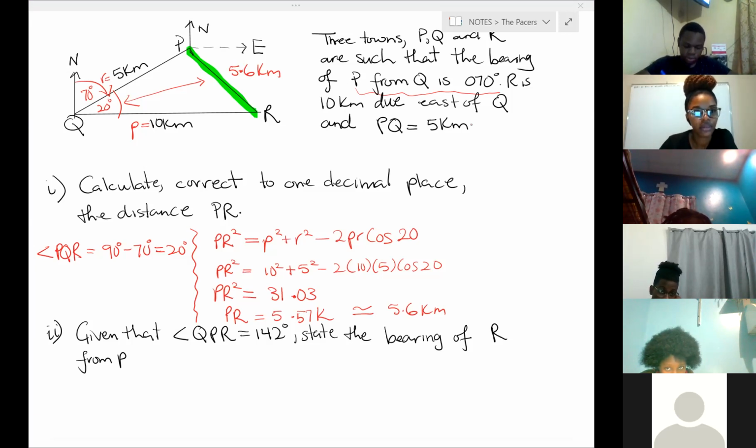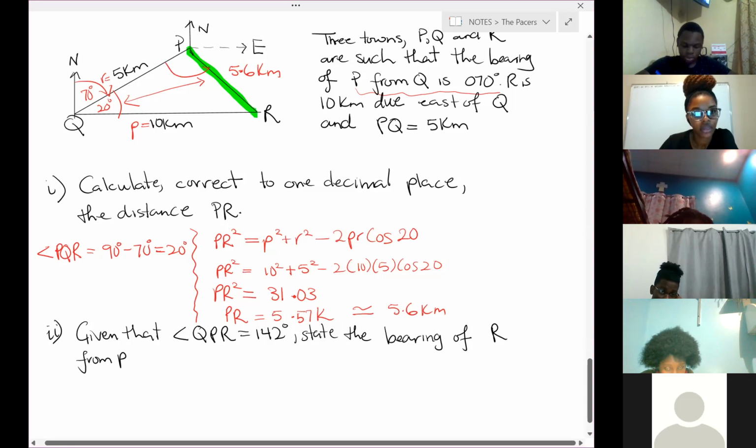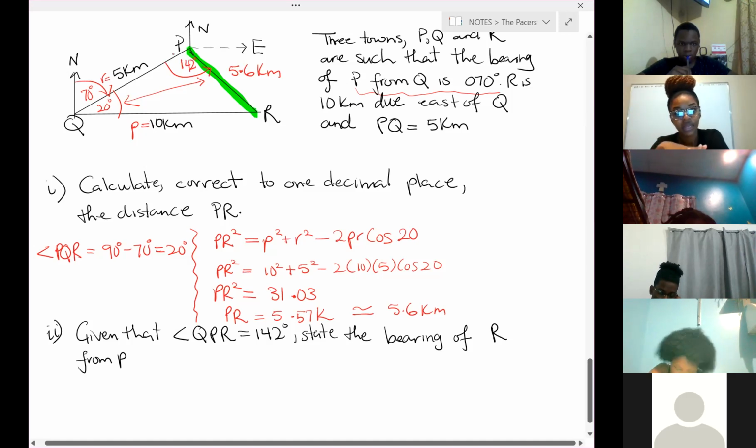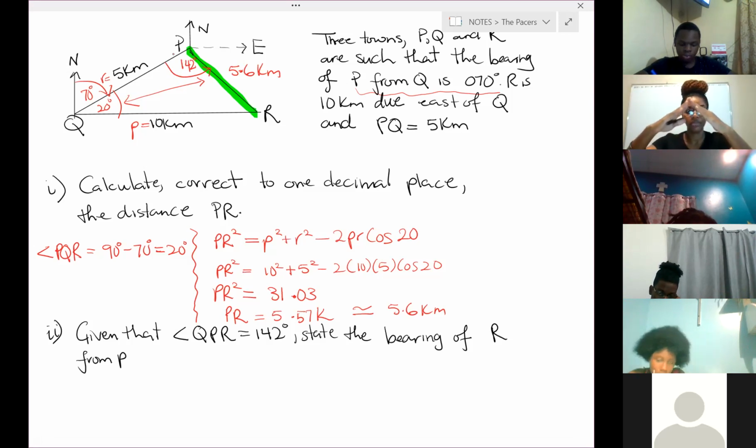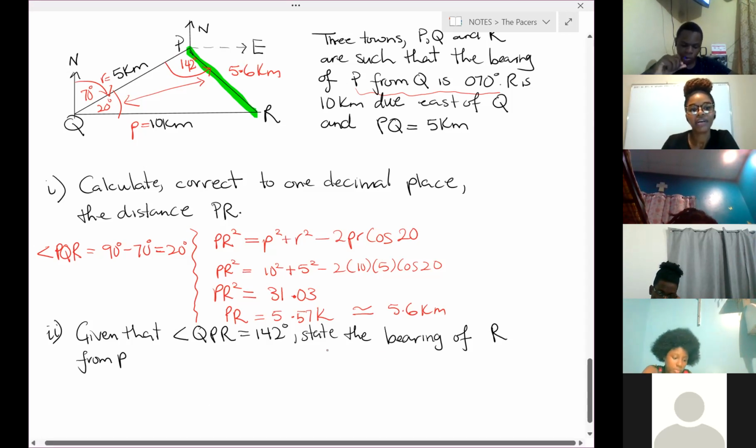By P. So we have 142. Everybody knows how to identify where to put an angle. We start at Q, we go up to P, we go down to R, and it's going to be in between those two lines, right? So 142. State the bearing of R from P.